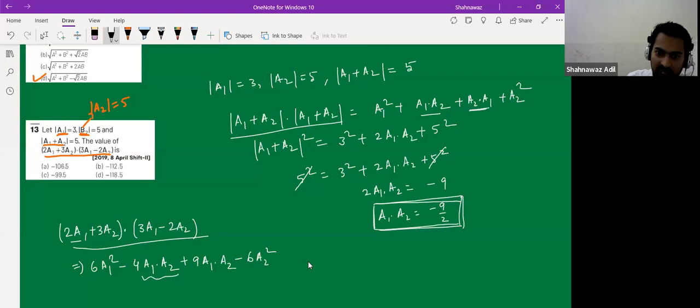So this would be 6 times 3 square, and 4 A1 A2 plus 9 A1 A2 is 13 A1 A2, minus 6 A2 square. A2 square is 5 square.